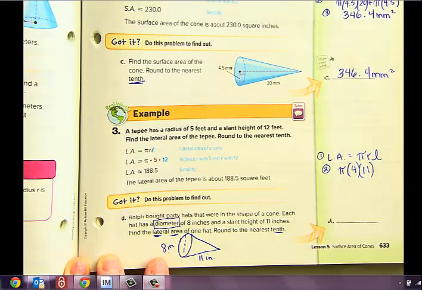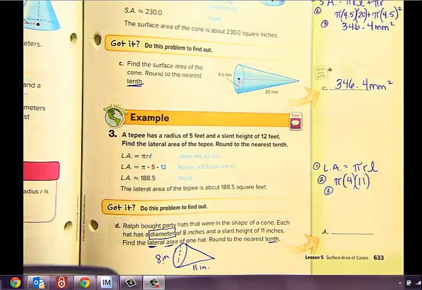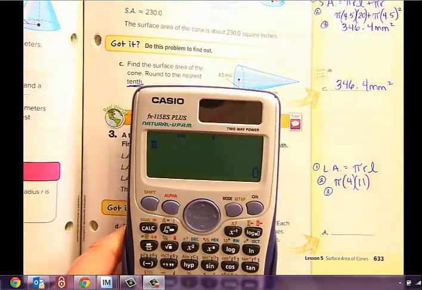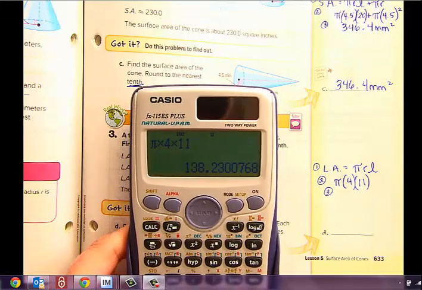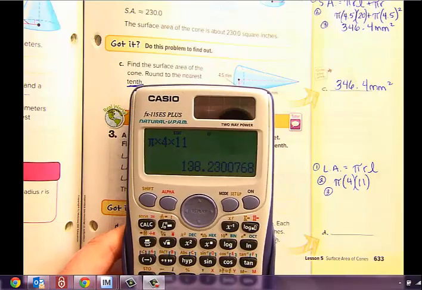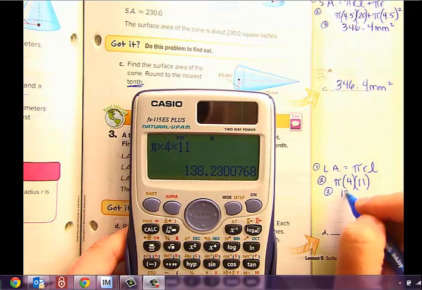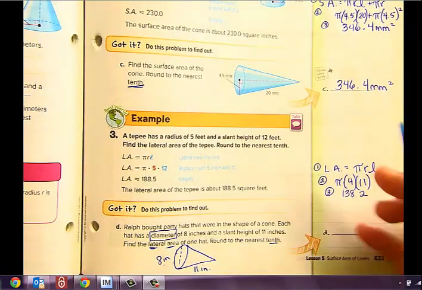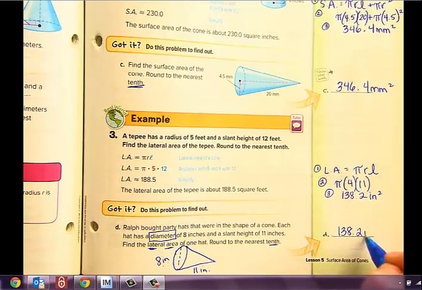So now again, I do all of my calculations, and I put my final calculation as my third line. So I have pi times 4 times 11. So my final answer is 138.2. I either leave it 0.2 or I round up to 0.3. Because of this 3 behind it, I leave it 0.2. So my final answer is 138.2. My units is inches, and area is always squared. Okay?